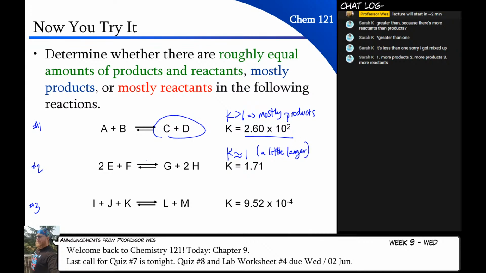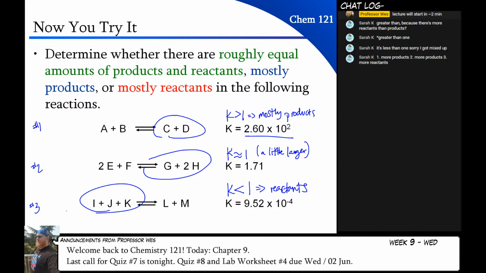So the intent was there's probably about 50-50, but there are going to be slightly more products than reactants. Down here, K is definitely smaller than 1, so it's going to be mostly reactants. And there you go. That's all there is to it.